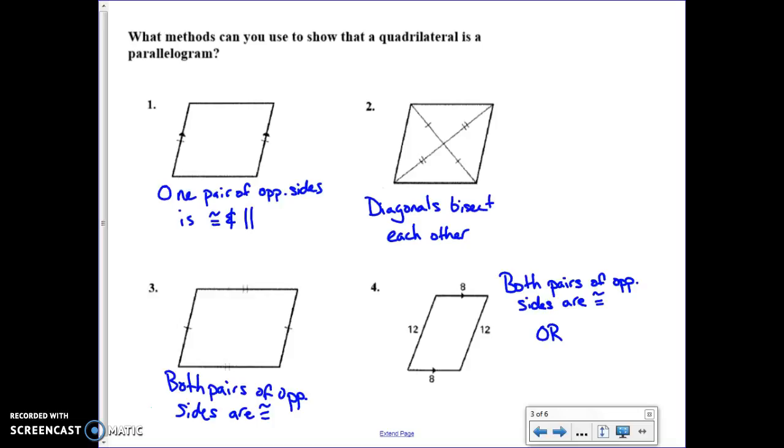Or I also see those parallel arrows on one side, so that would be that one pair of opposite sides are congruent and parallel. Either one of those would be acceptable answers.